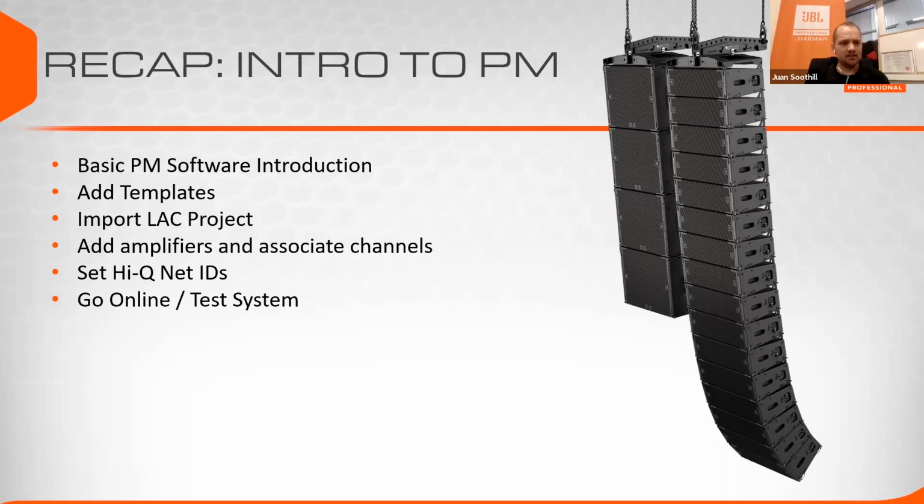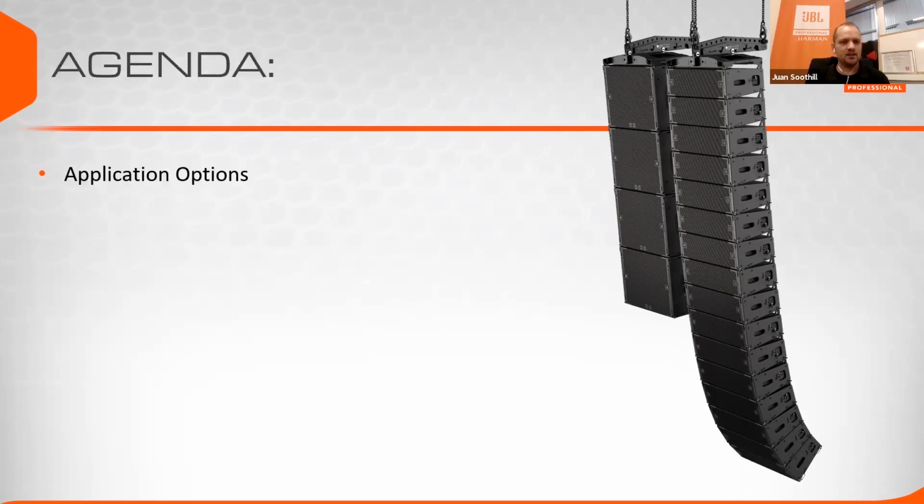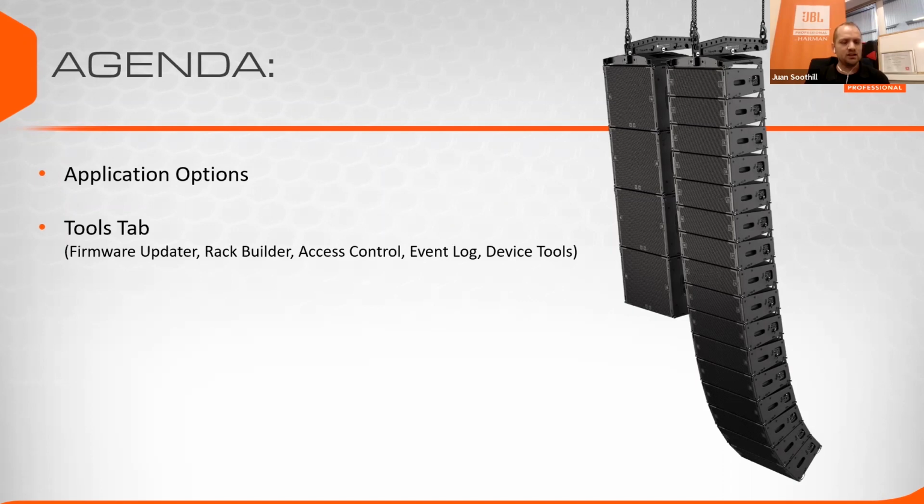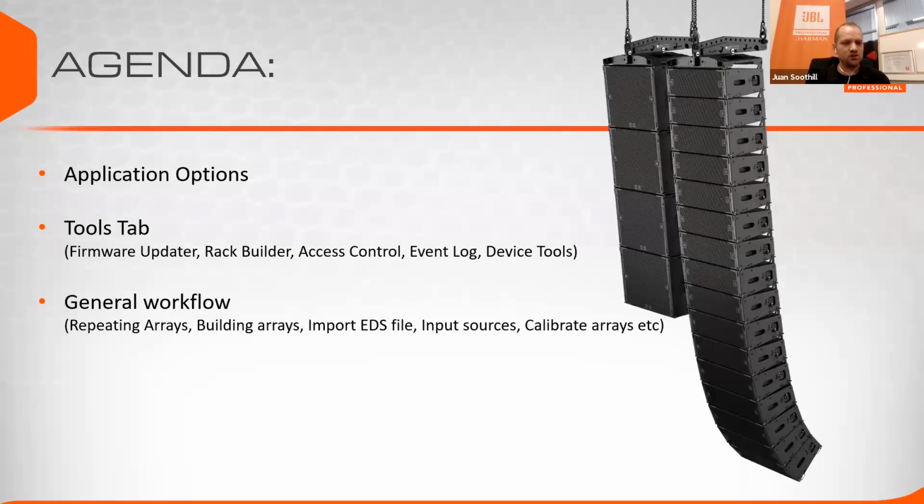So today we are going to look at the advanced features of Performance Manager, and that looks basically at all of the application options. We're going to look at the Tools tab and everything pertaining to the Tools tab. Same with general workflow.